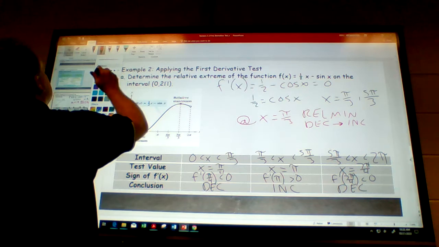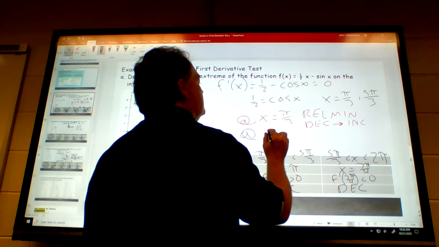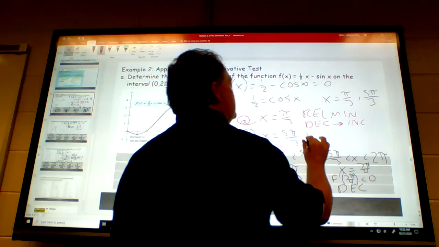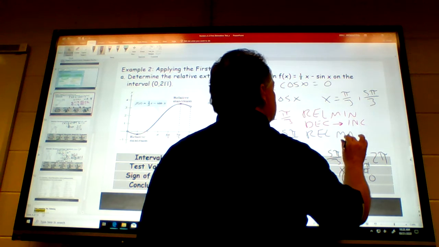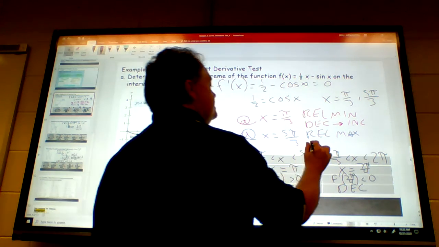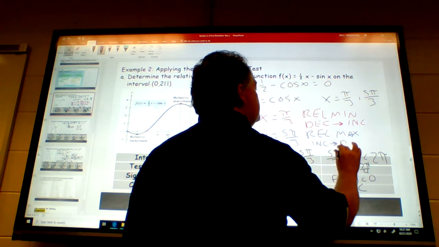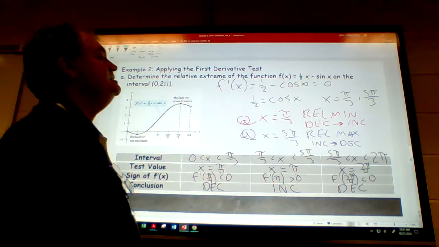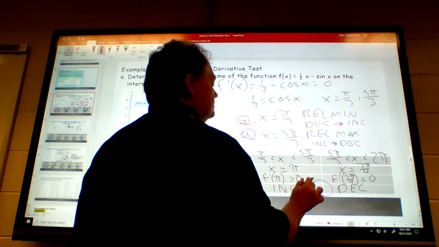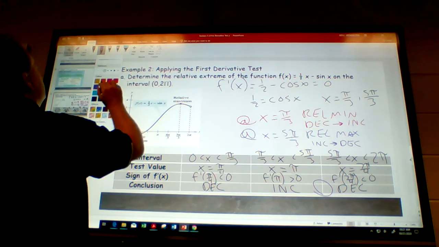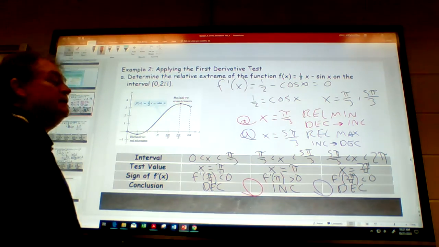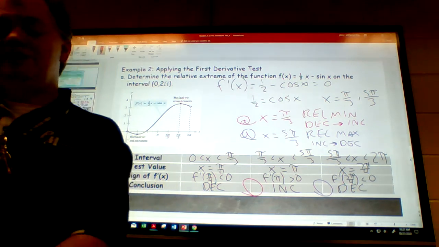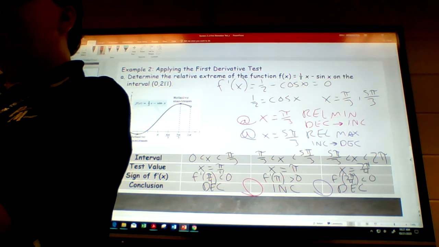On the other hand, at x equals 5 pi over 3, that is considered a relative maximum because it goes from increasing to decreasing. So right there, relative maximum, and right here is a relative minimum. So a lot of work, but a simple test to determine whether the function is increasing or decreasing.